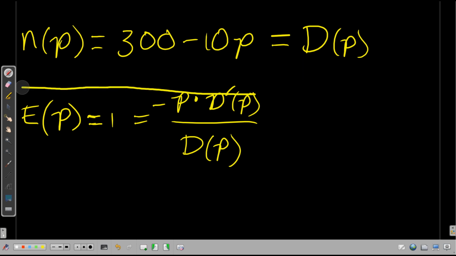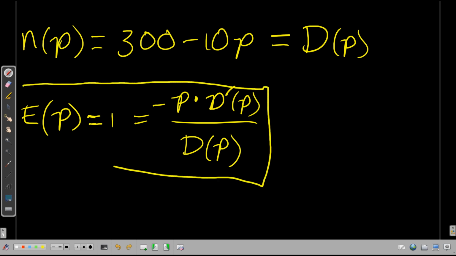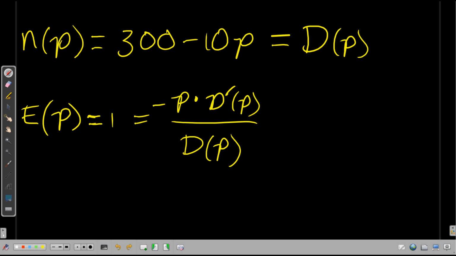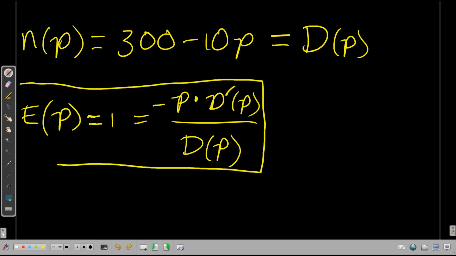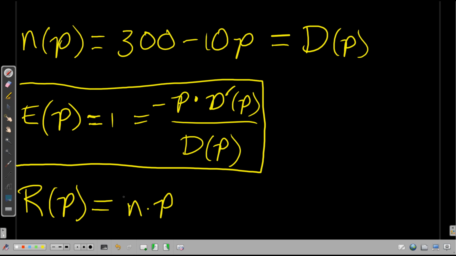And if I were to write down the revenue function, revenue as a function of price is just the number of items that you sell times the price.